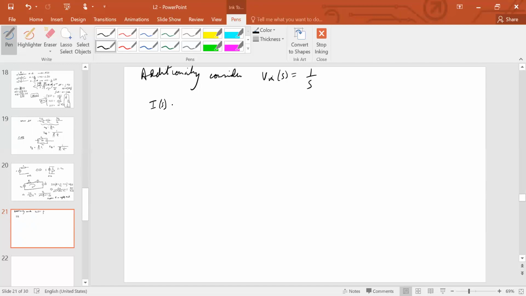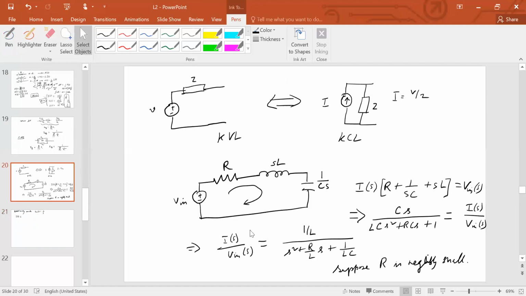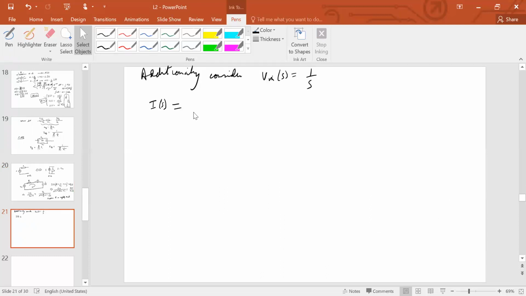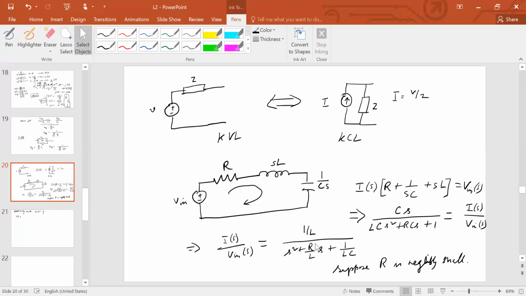I of S is equal to, so one of these, 1 by S will cancel out with this S in the numerator, because the step input V in is 1 by S. So please check that this will indeed turn out to be, I think I missed an S somewhere here.